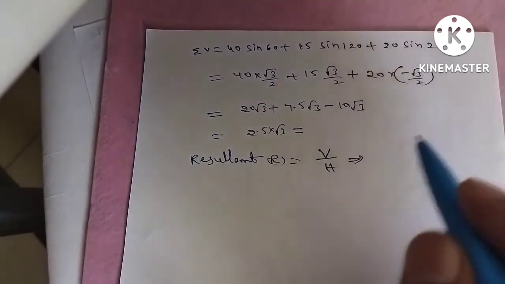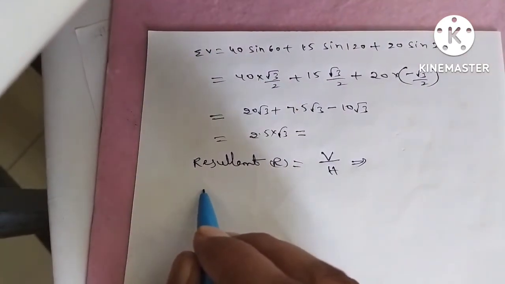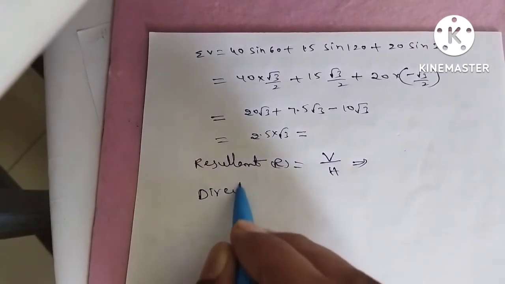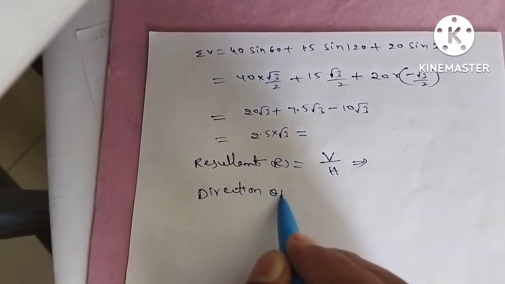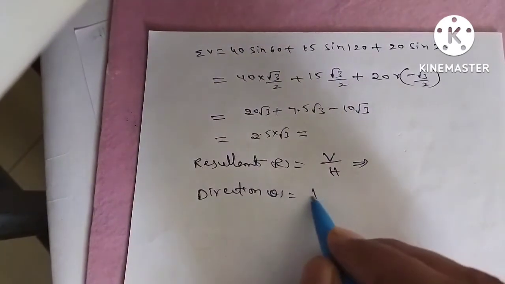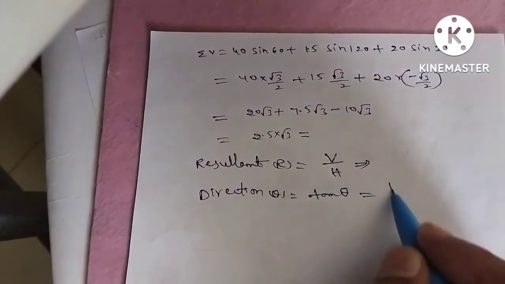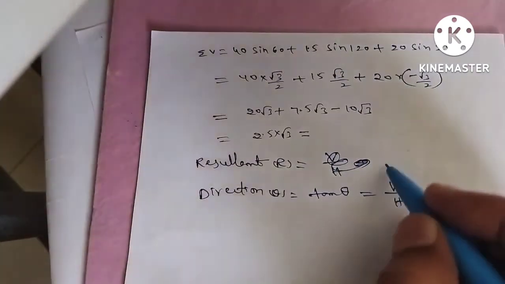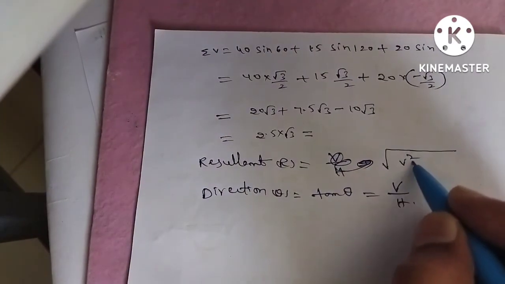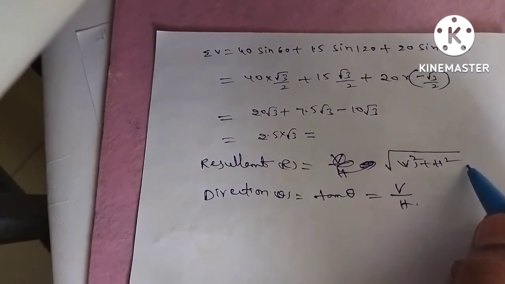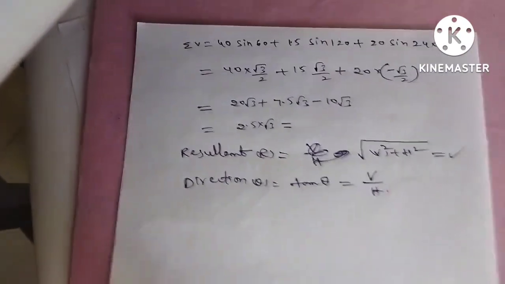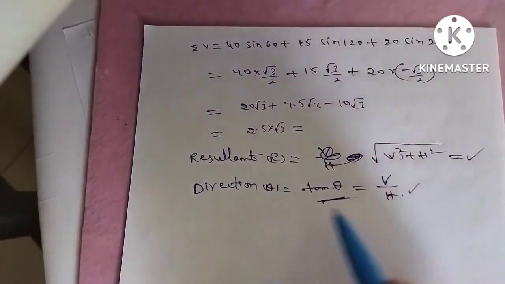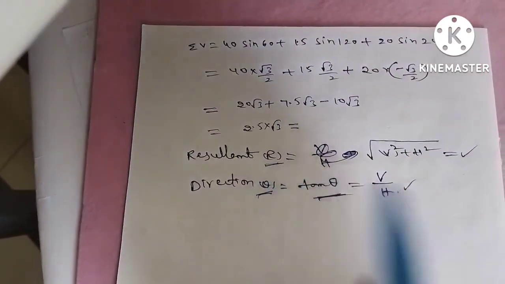That is the formula for the magnitude. The resultant direction theta is given by tan theta is equal to sigma V by sigma H. Substitute the sigma V and sigma H values in these equations, and we will get the resultant R in magnitude and the direction theta finally. Okay, this is the solution of the problem.